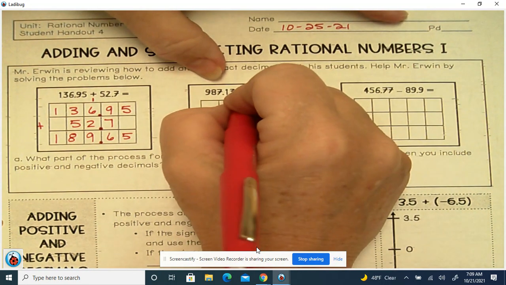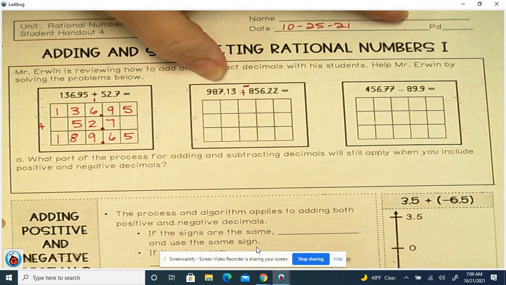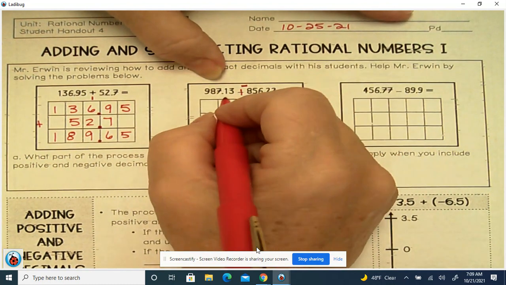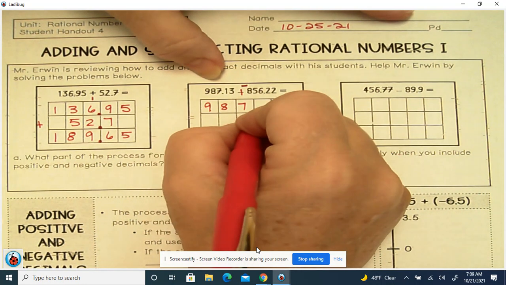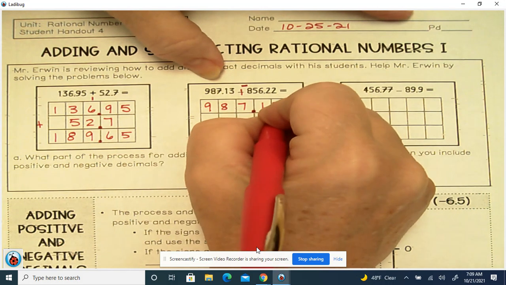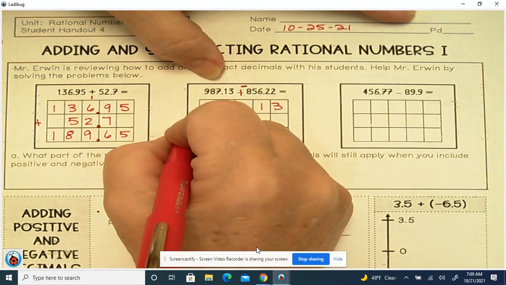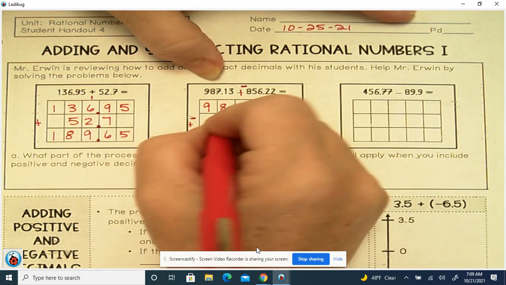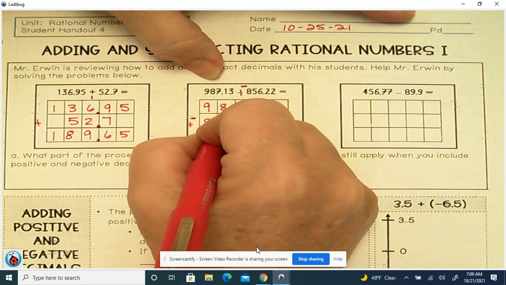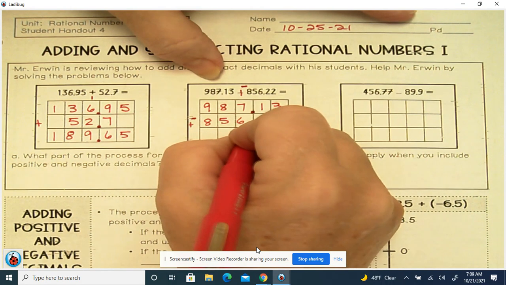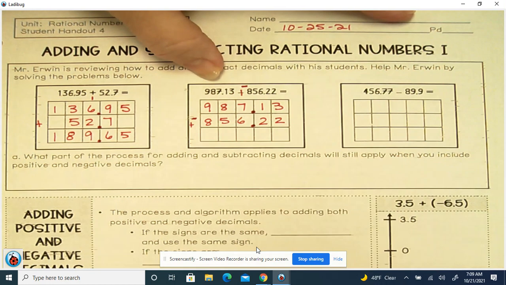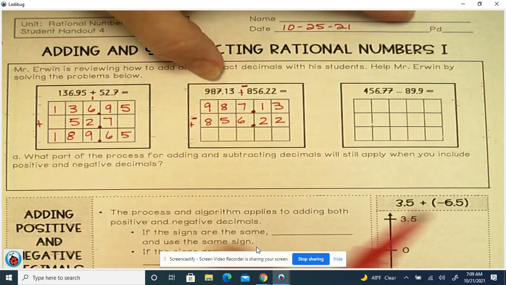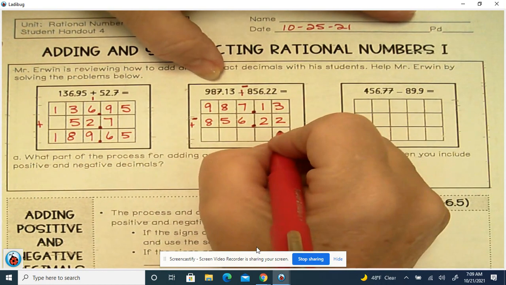Now here we've got a subtraction. So we're going to change that to addition and change the sign of next. So we're going to put in 987 with our decimal and then 1, 3. And then we're going to add the negative, which is going to be 856.22. All right, and they're different signs, so we're going to subtract. So 3 minus 2 is 1.